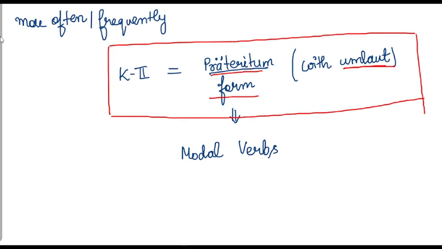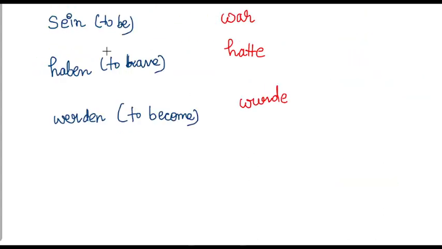K2 is the preteritum form, so simply I'm going to remove this from here. It is a preteritum form with an umlaut. Again, just keep that rule in mind and put an umlaut over the a here. But there is a slight exception with respect to the sein verb and its corresponding preteritum: we simply add an e here.